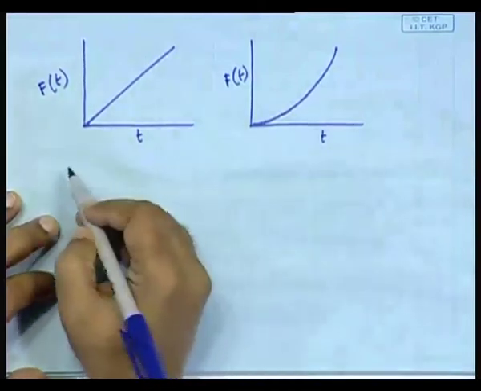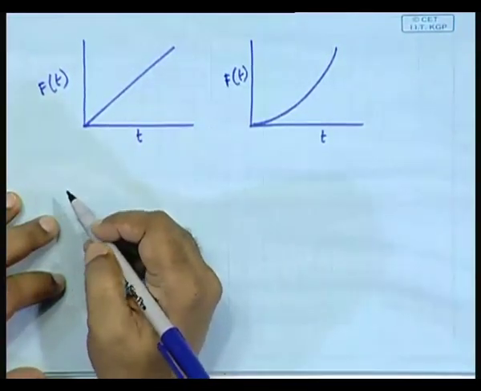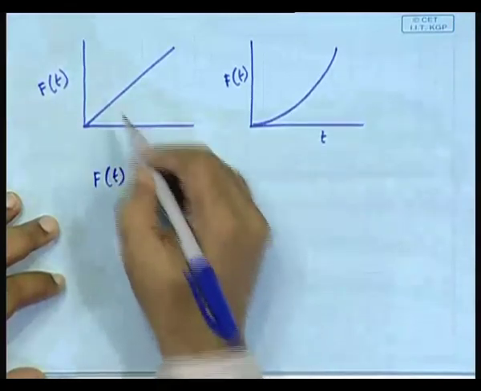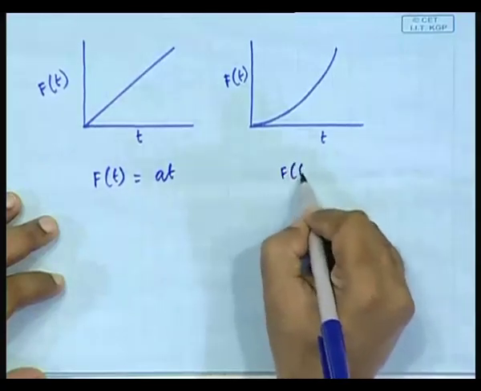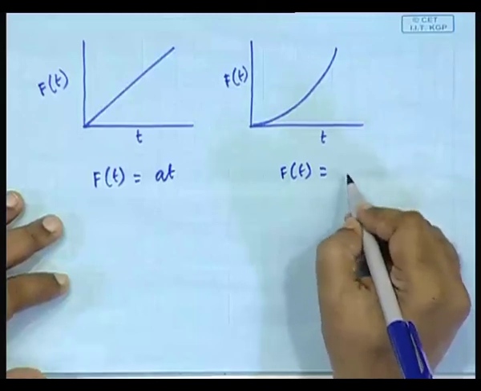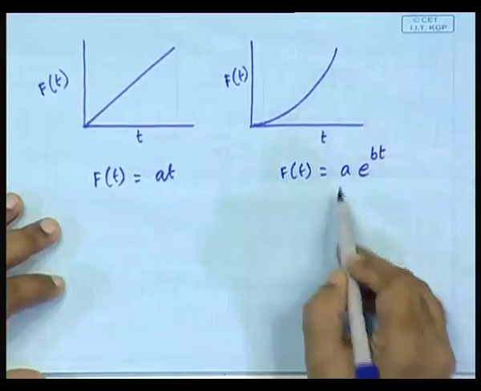In these cases, what will be the trial solution? If, say, the applied voltage is, in this case, a t, and in this case it is something like a e to the power b t, maybe, right.